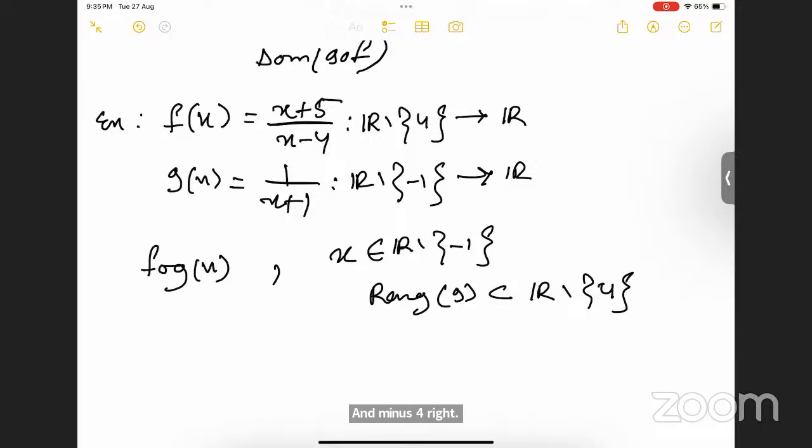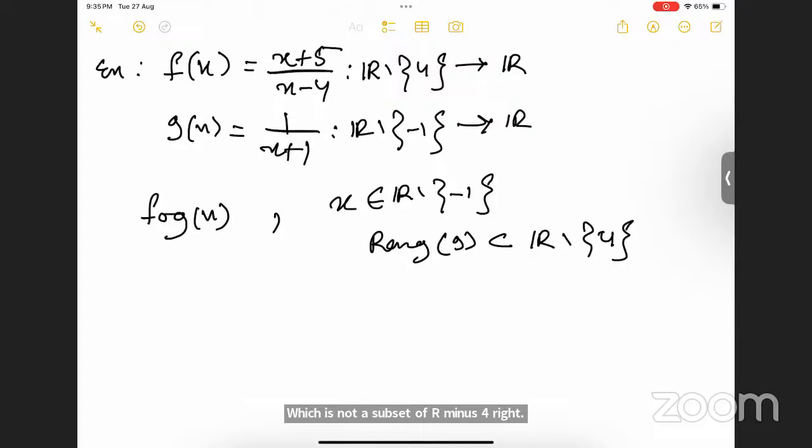This should hold. But here the range is R, which is not a subset of R minus 4. So we need to remove the point from the domain of g for which the image of g was 4.